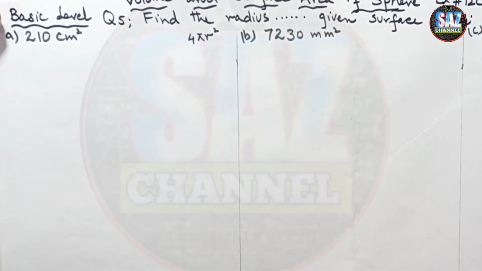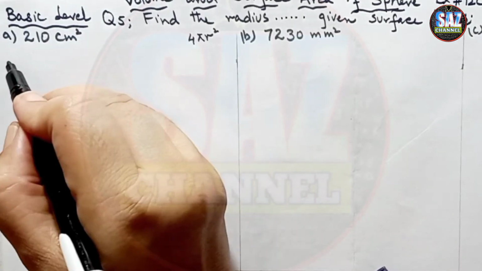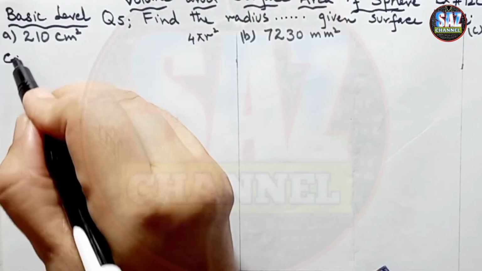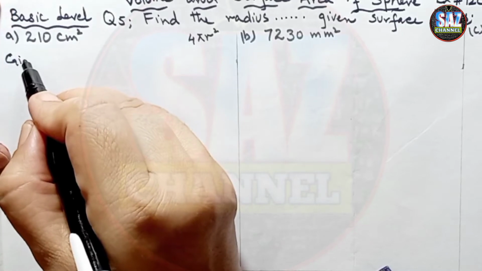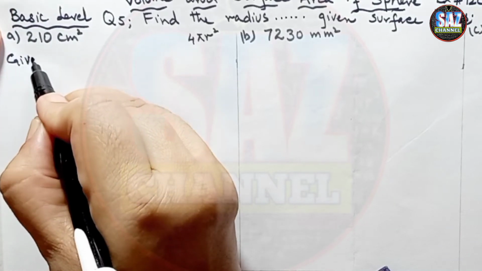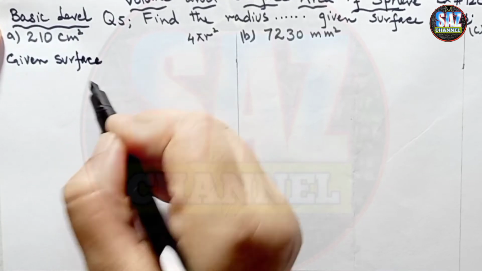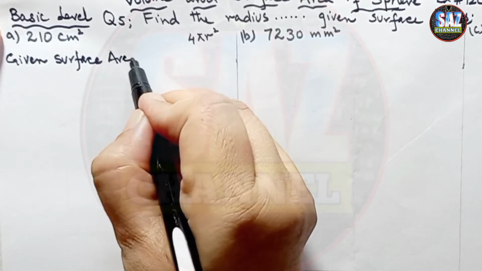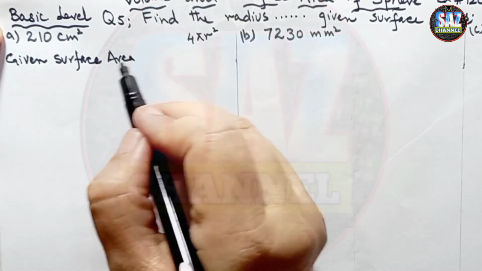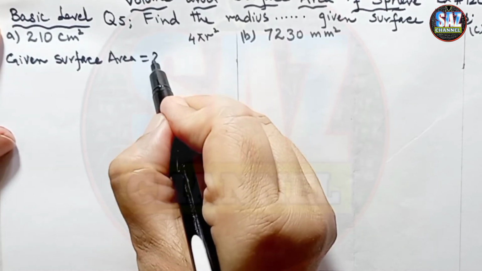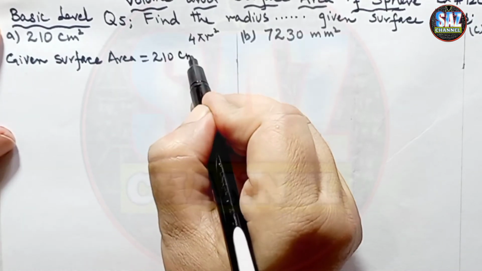So let's move to the solution of first part. Given surface area is 210 centimeter square.